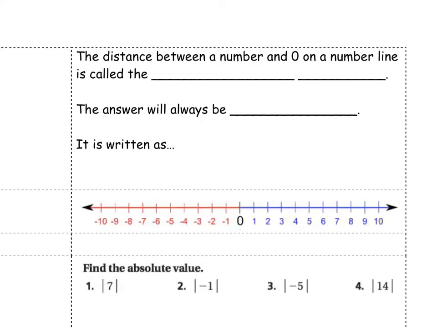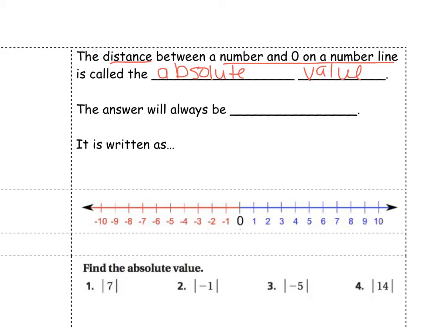The next vocabulary word describes the distance between a number and 0 on the number line, and it is called the absolute value of a number. The absolute value is the distance a number is on a number line from 0.